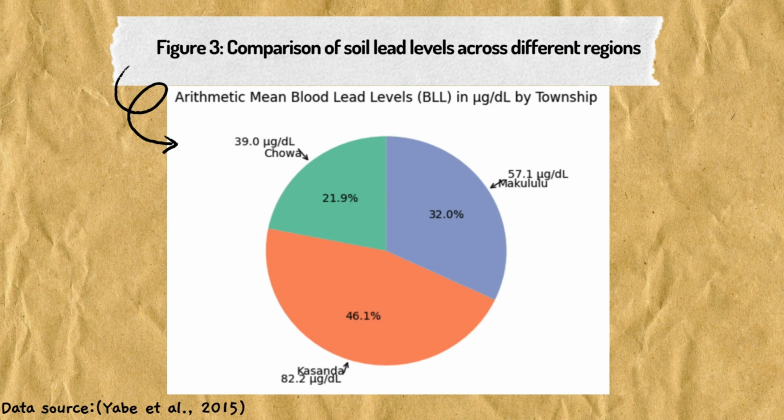These levels are all significantly above the typical safety threshold, indicating severe lead exposure among the residents of these areas. For instance, Kasanda has the highest average blood lead level at 82.2 micrograms per deciliter, representing 46.1% of the total measured blood lead level.